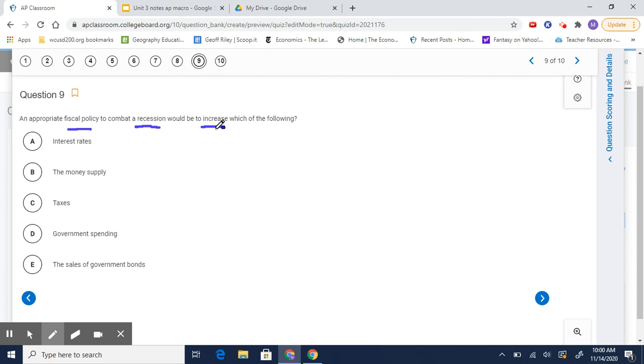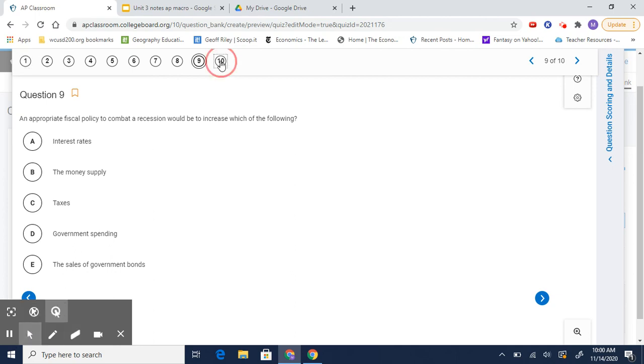We're looking for something in which, if it increased, it would help combat a recession by increasing what? Aggregate demand. Thinking aggregate demand here. Okay, that would be government spending. Because by increasing government spending, it's going to put more money in businesses and people's pockets.